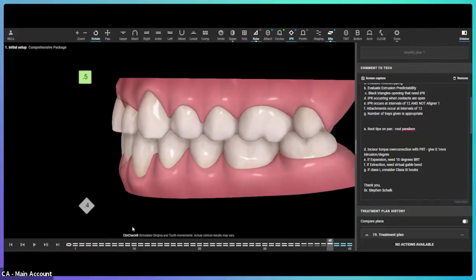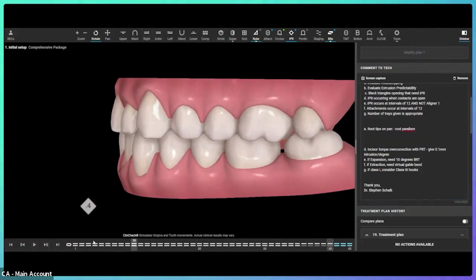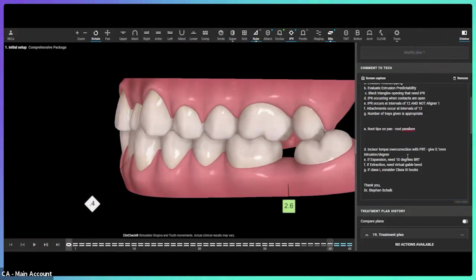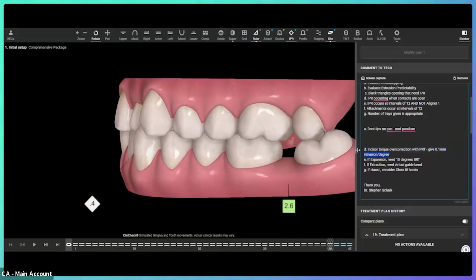And if we do need torque on our incisors, torque being the buccolingual orientation, often I'll put in a little bit of intrusion while that occurs. Again, this is pretty advanced stuff. Don't worry right now if you don't understand all of these. This is actually a protocol. I pulled up my top level protocol that I don't always use or show when I'm teaching, just because these are some very specific things.